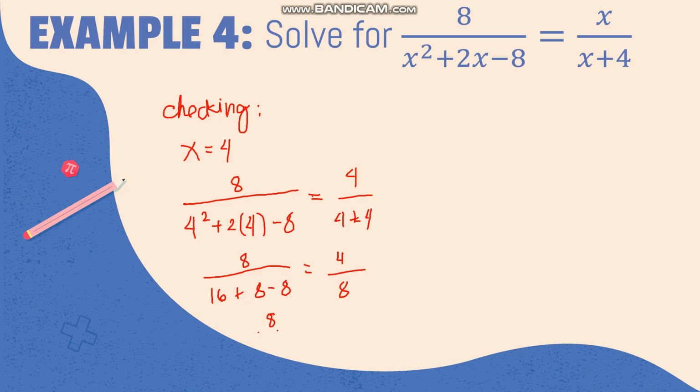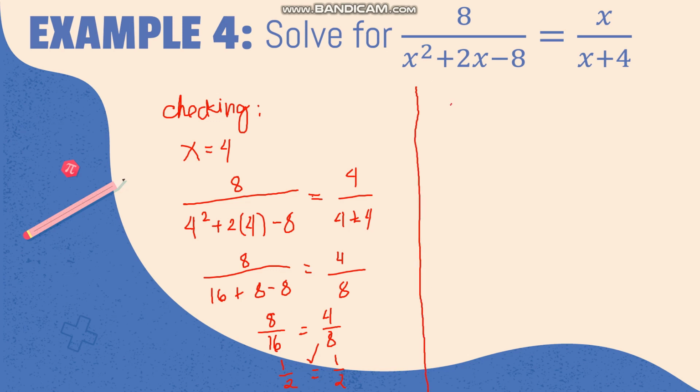So we have 8 over 16 equal to 4 over 8. If we simplify this, we have 1/2 equals 1/2. So the equation is true on both sides for x equals 4.